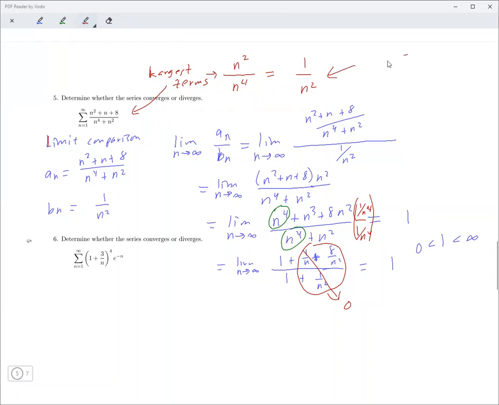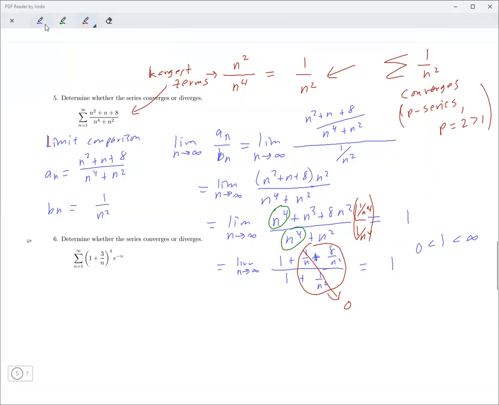We know this series right here. Does it converge or diverge? It converges. It's a p-series, and p is equal to 2, which is greater than 1. So it converges.